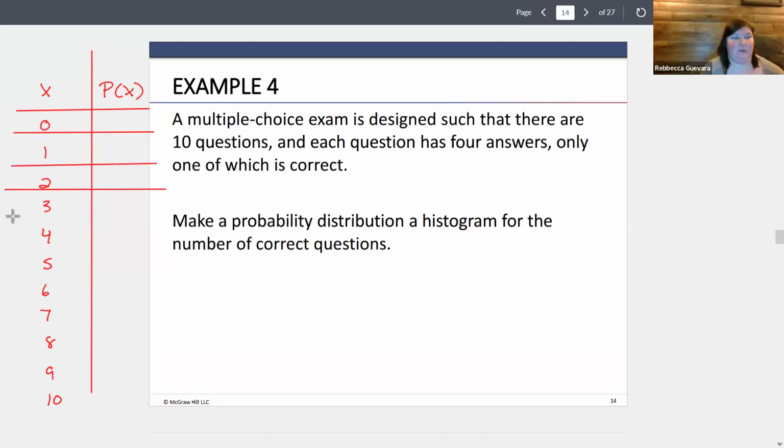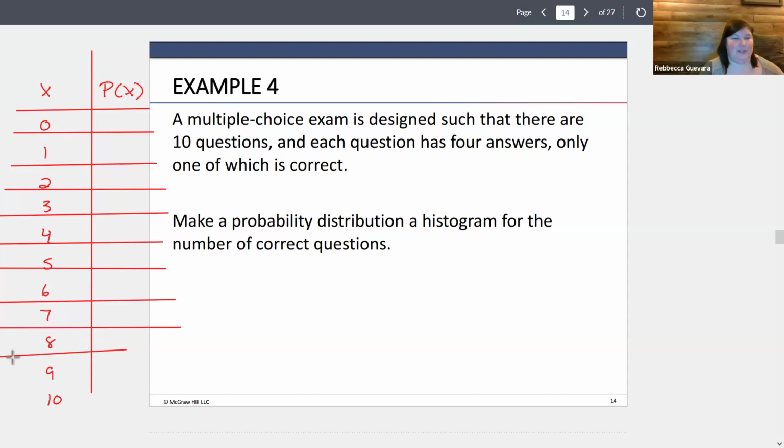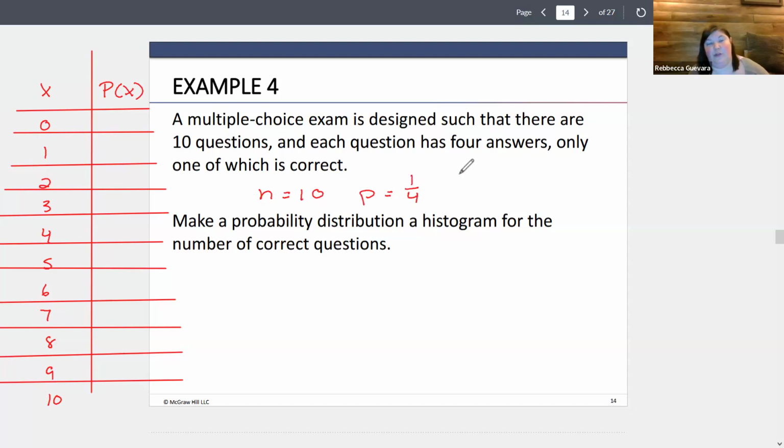So once again, we could calculate each one of these by hand, but I'm using a calculator to make this go a little bit faster for me. So the general formula that we have here, once again, is that we had 10 trials. The probability of success was 1/4.